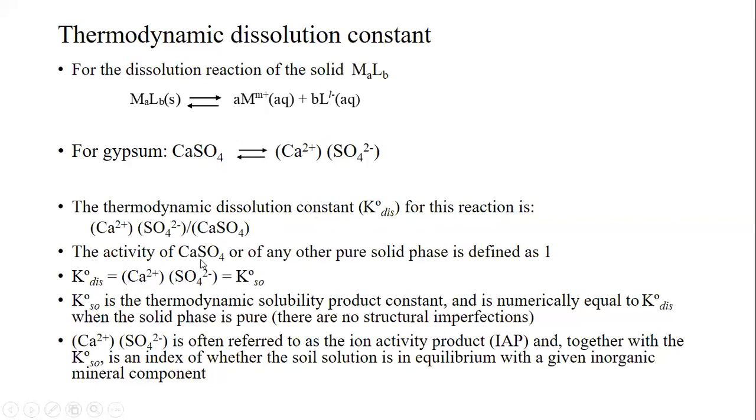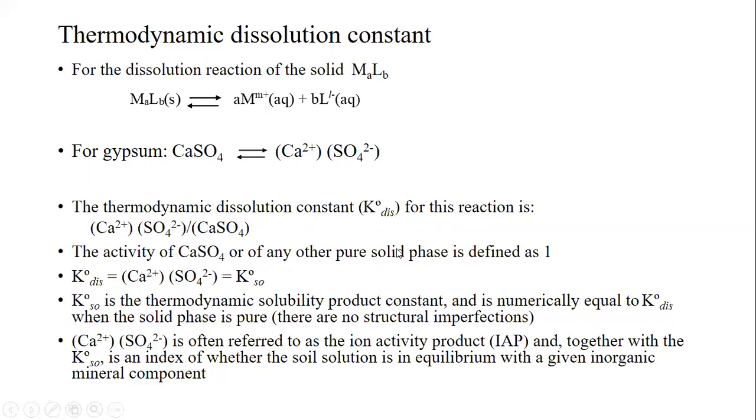The activity of calcium sulfate as a compound, or of any other pure solid phase, is defined as 1. By definition, chemists defined the activity of pure compounds as 1. So this will be divided by 1, which means we remove it.